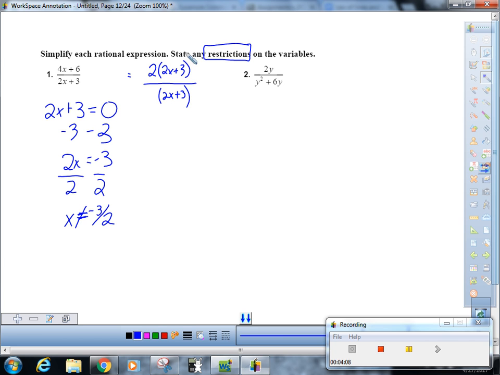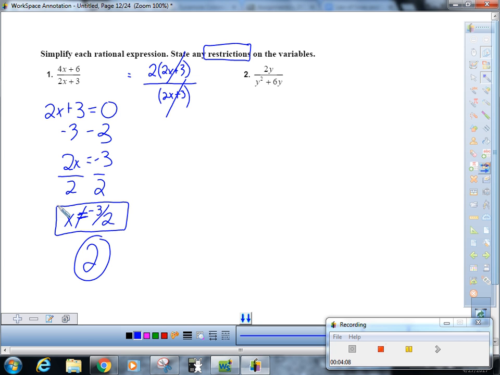This thing cancels because anything divided by itself is 1. So you would circle 2 and maybe box this as the restriction, and that's your answer. So that fraction reduces to 2. Okay? All right.